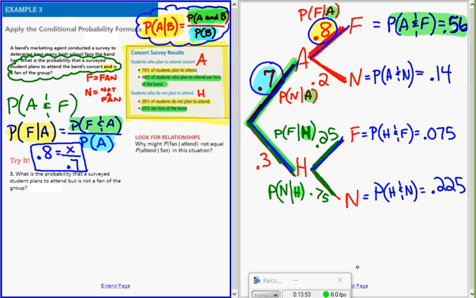If X over 0.7 equals 0.8, you would get X by itself by multiplying both sides, right, by 0.7. So that's where we get the X equals 0.56. All right? 56% of the students are fans of the band and going to the concert.